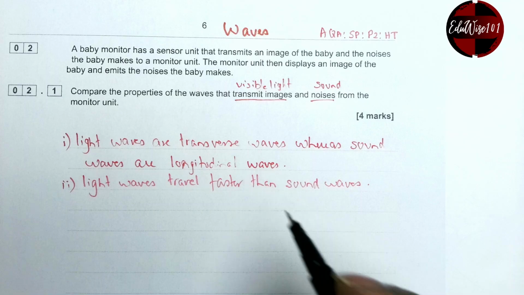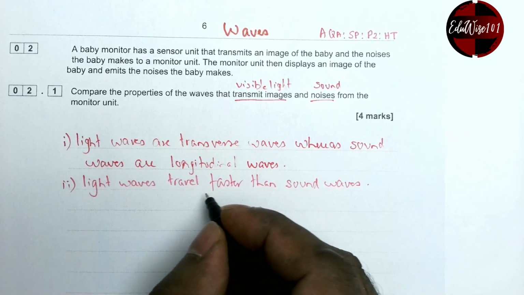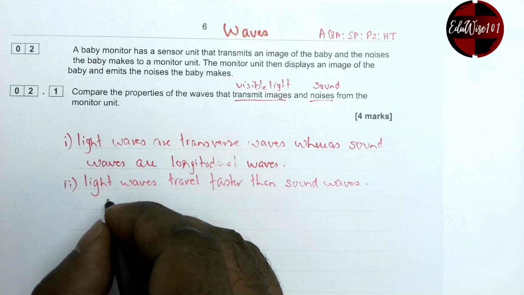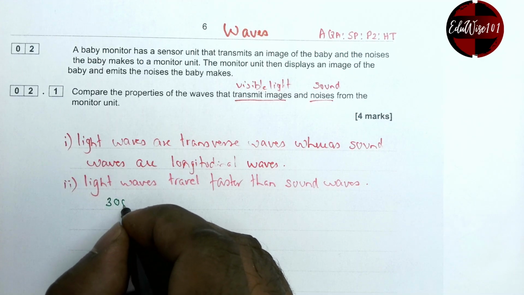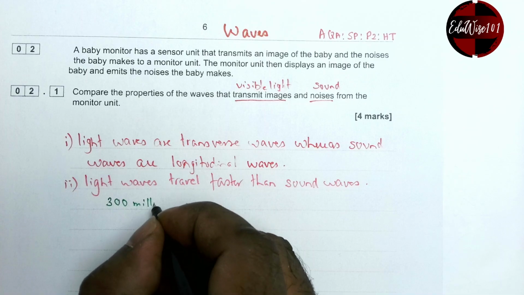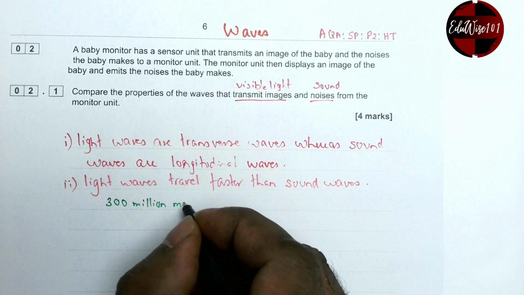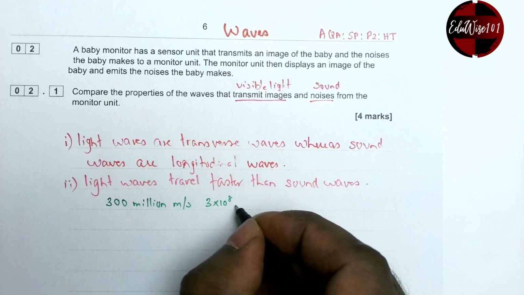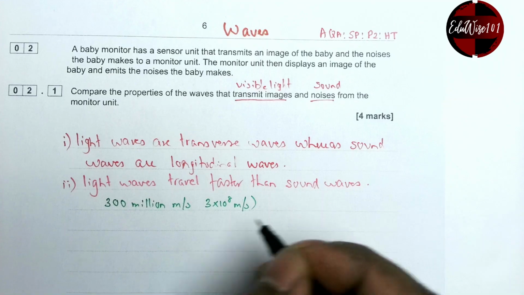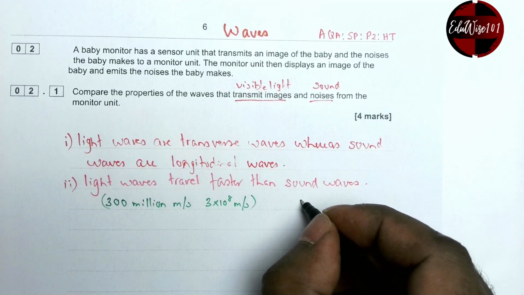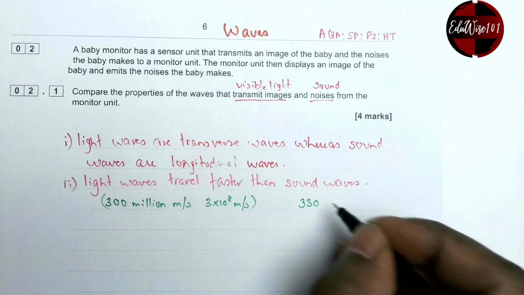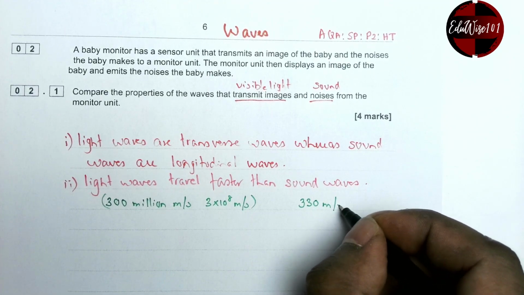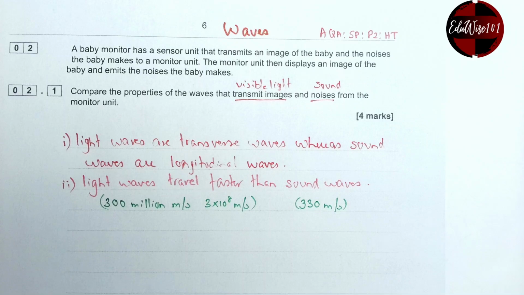I'm going to make a small note of this. Light waves are faster. Light waves are 300 million meters per second, or 3 times 10 to the power 8 meters per second. Sound waves are about 330 meters per second. So these are values that you need to know.